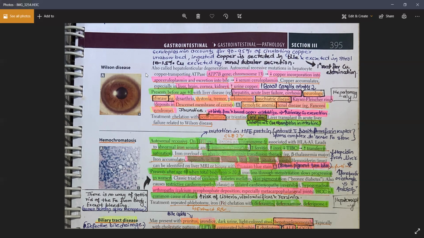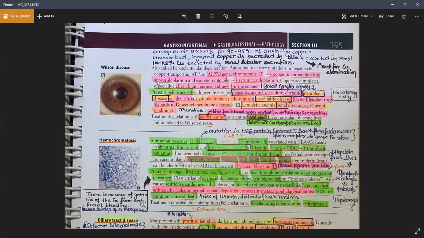The ceruloplasmin is first present in the inactive form, apoceruloplasmin. It is converted into the active form when it binds to the copper, with the help of the copper transporting ATPase. As a result, because the copper cannot be incorporated into the apoceruloplasmin, you will have a very low level of ceruloplasmin and a very high level of copper.